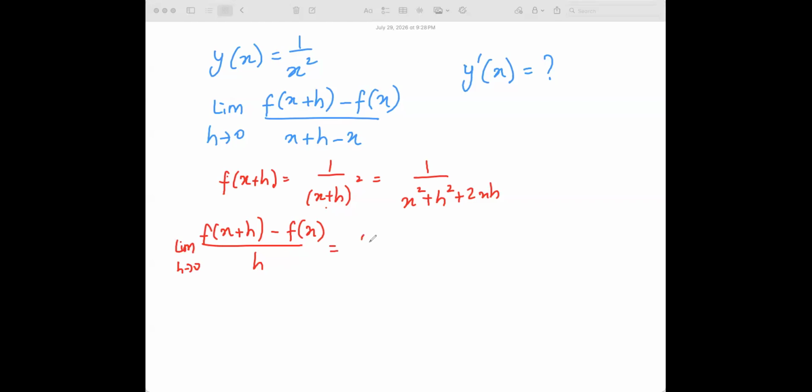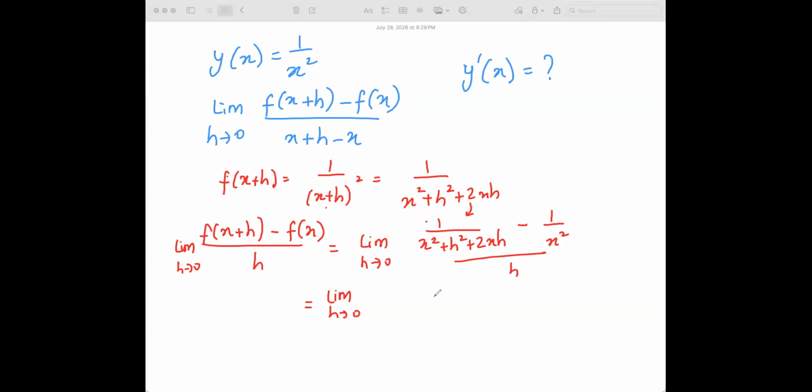Now that will be limit h tending to 0. We have to write it properly, not miss anything. So I'm going to plug it in here: 1 by x square plus h square plus 2xh, and then minus 1 by x square, divided by h. Now that becomes limit h tending to 0. You're going to take LCM, right?